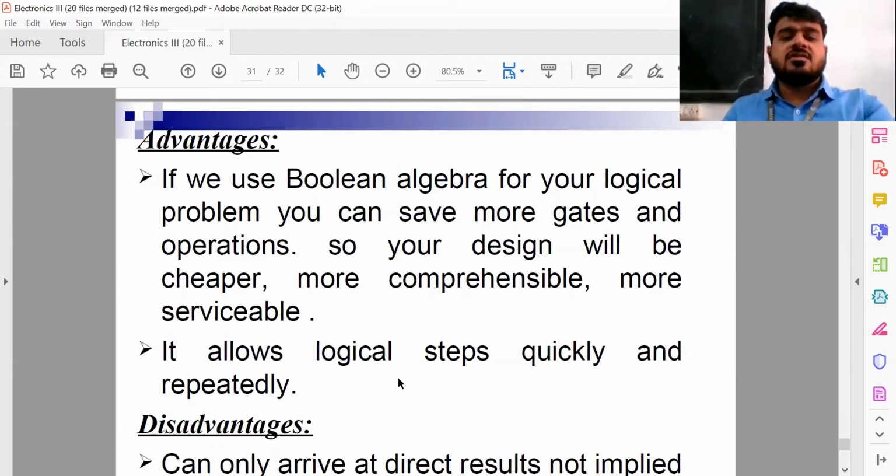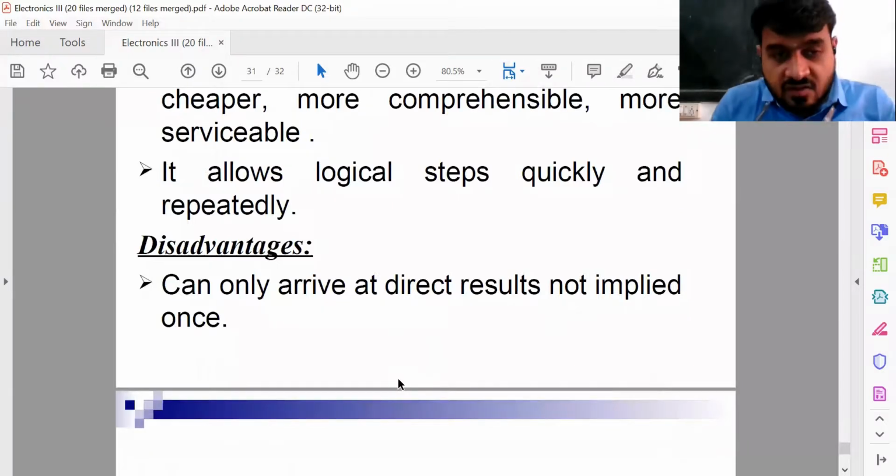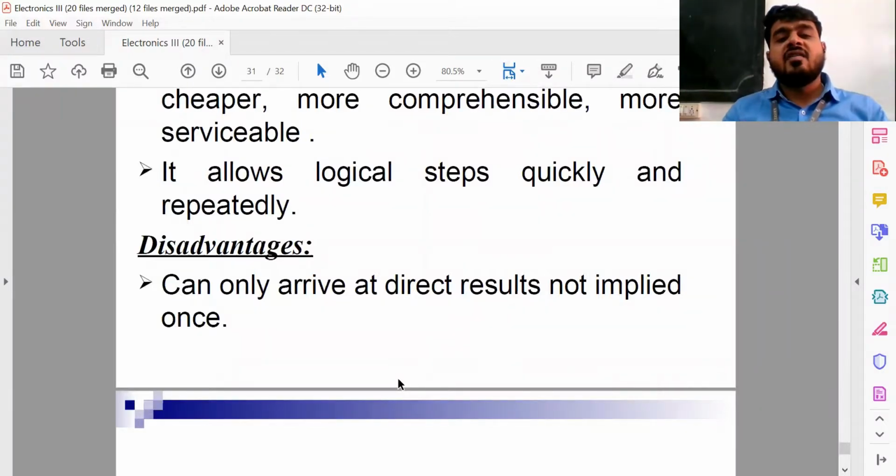You can make a compact design, which is simpler, more comprehensible, and more serviceable, and logical steps can be repeated quickly. What is the disadvantage? Obviously, if there is an advantage, there is also a disadvantage: it can only arrive at direct results, not implied ones. Hope you can understand.